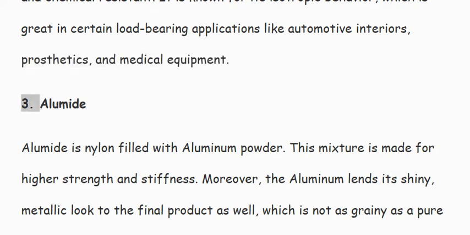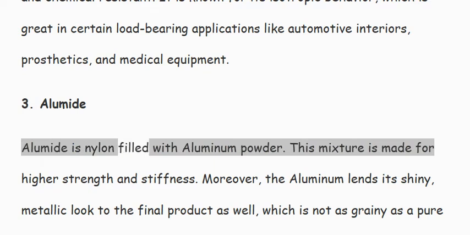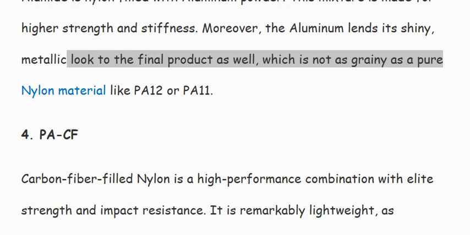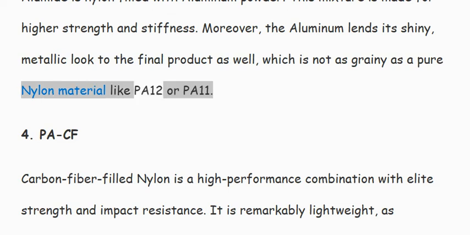Alumide. Alumide is nylon filled with aluminum powder. This mixture is made for higher strength and stiffness. Moreover, the aluminum lends its shiny, metallic look to the final product as well, which is not as grainy as a pure nylon material like PA 12 or PA 11.